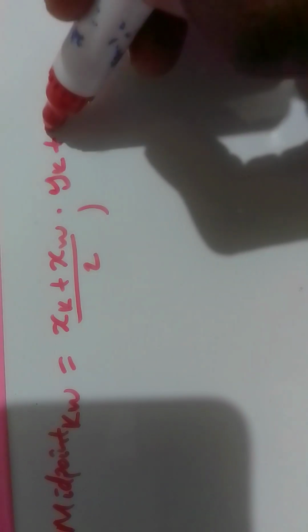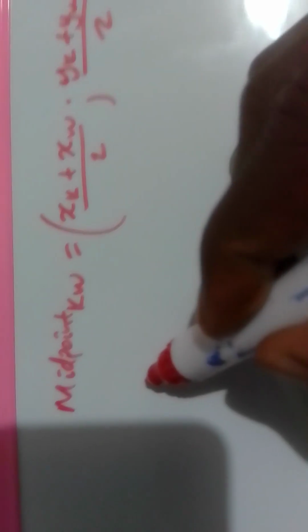XK plus XW divided by 2, and we have YK plus YW all over 2, like that. Now we substitute with numerical values, right?